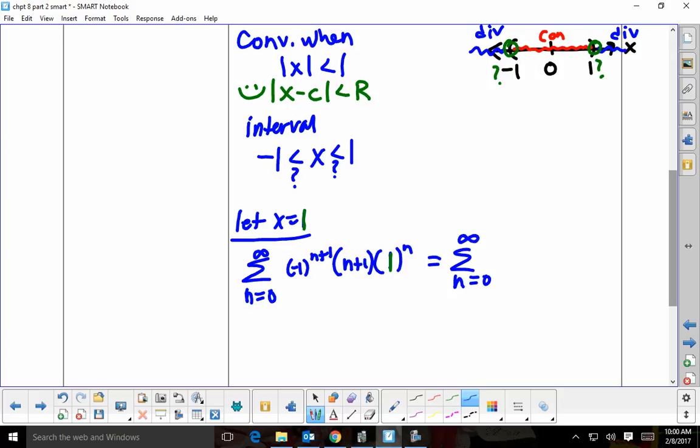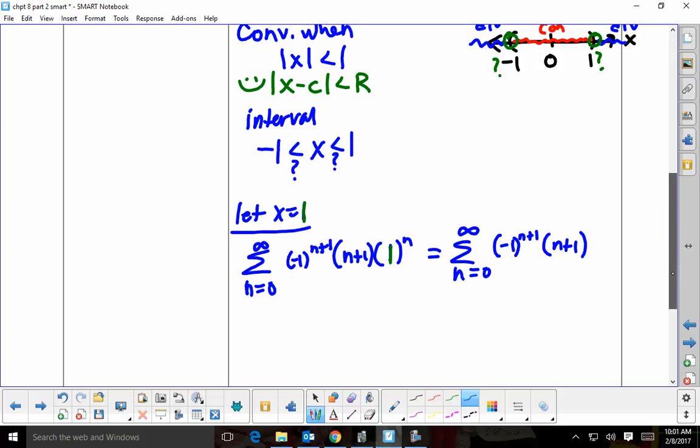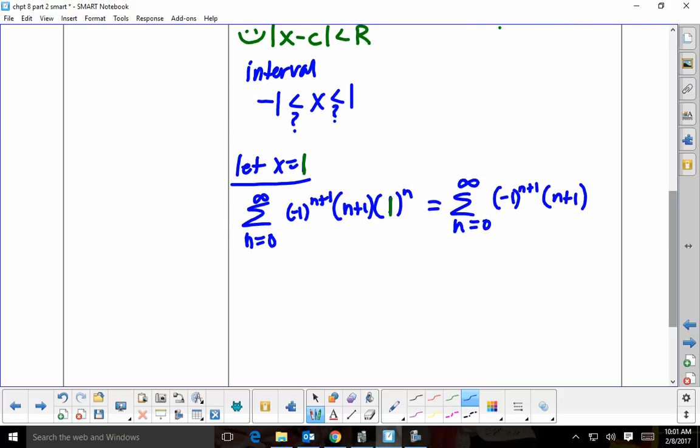So I don't even need that part. So we know we're going to try the alternating series.